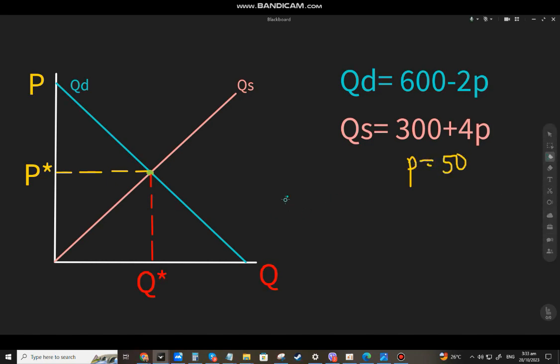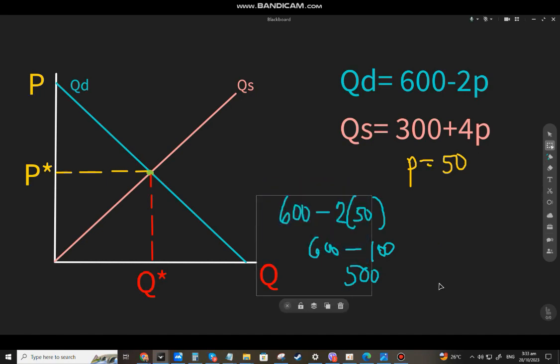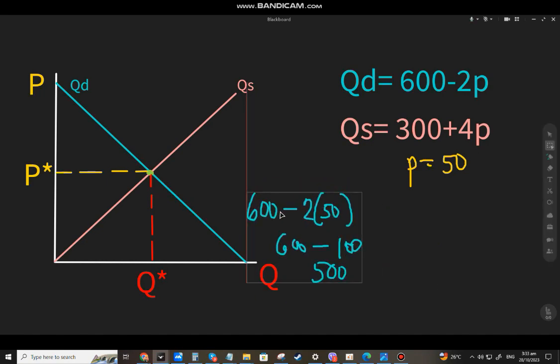So for QD, 600 minus 2 times 50. I'll just solve vertically. 600 minus 100, you'll get 500. Okay, so that's for the blue one, or QD.